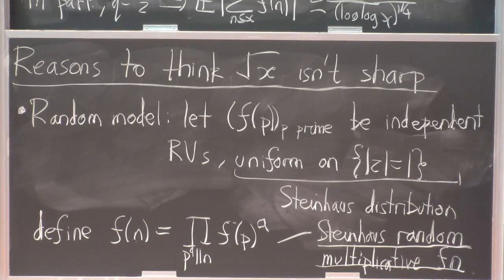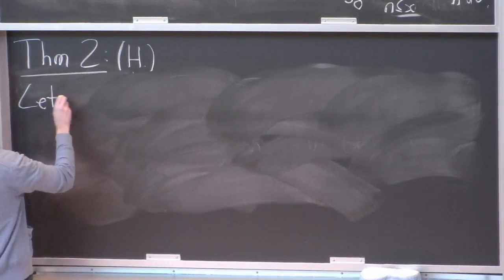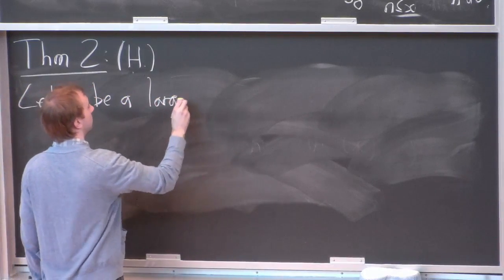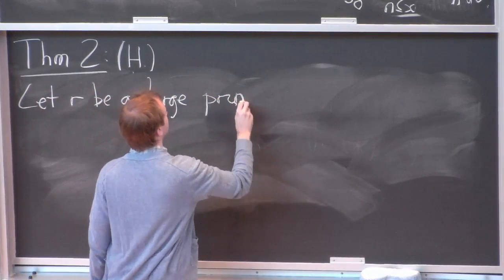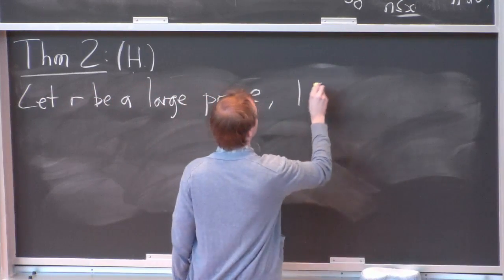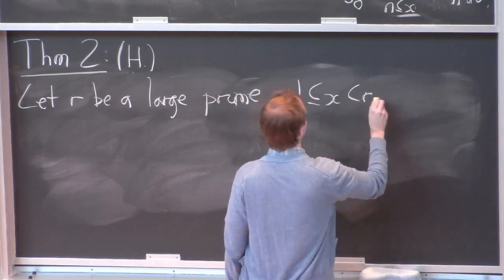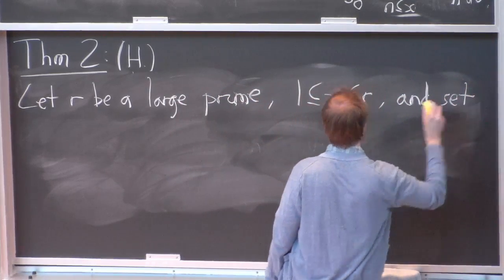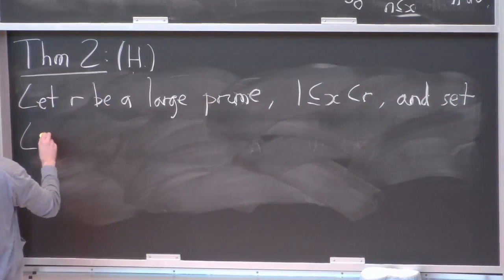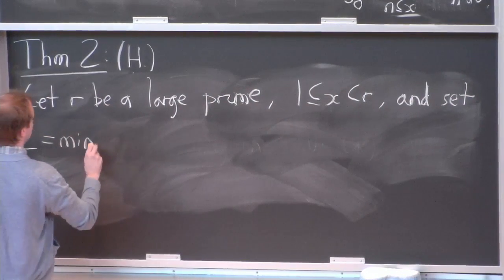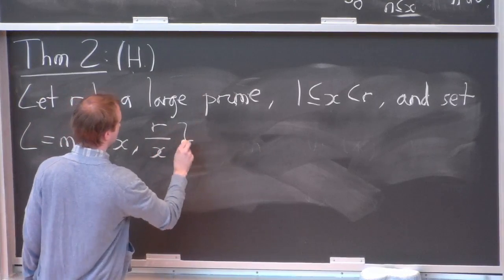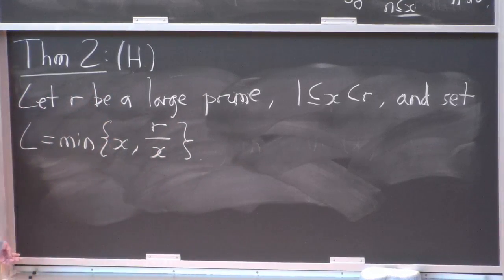So this is theorem 2. Let R be a large prime, and x between 1 and R, like before. I'm going to set L to be the minimum of x and R over x.